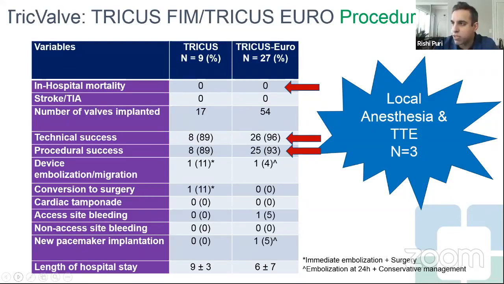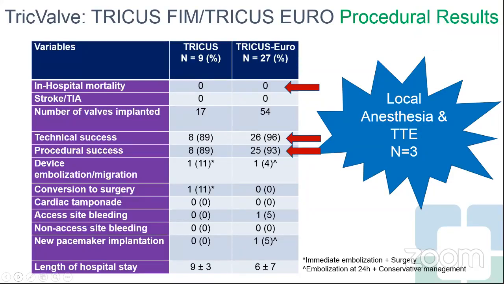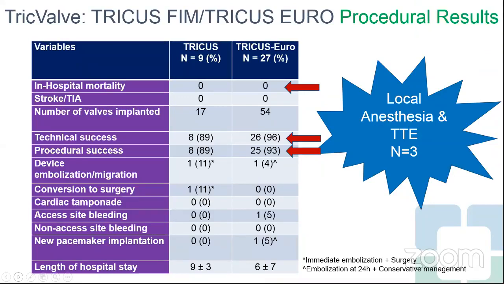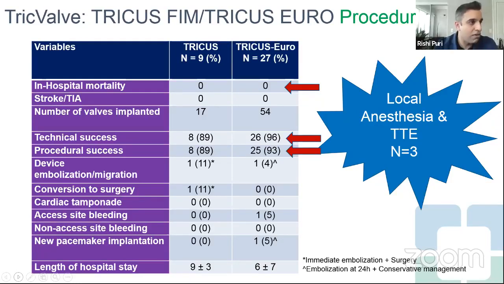When we look at some of the procedural results, really quite impressive for a very early technology. In-hospital mortality, when you use a dedicated device, has so far been 0. Technical and procedural success are well and truly into the 90% range. Really only very few, or one, device embolization, and this really can occur in the most extreme anatomies or when you are perhaps not sure about your imaging.